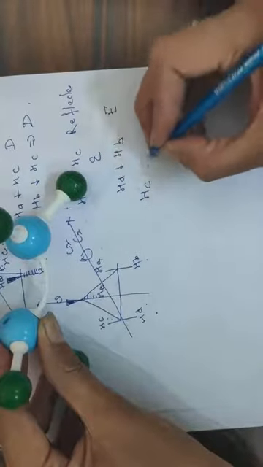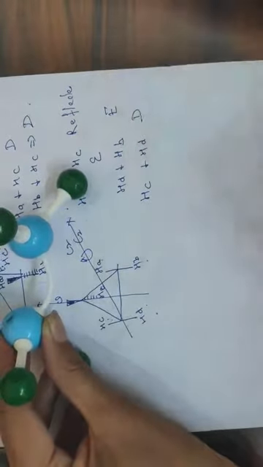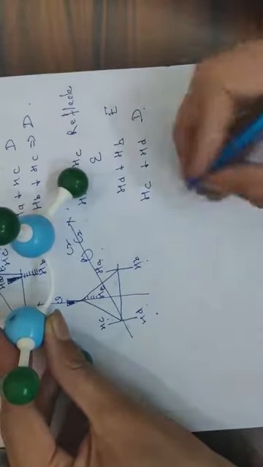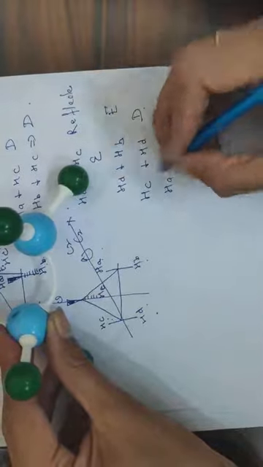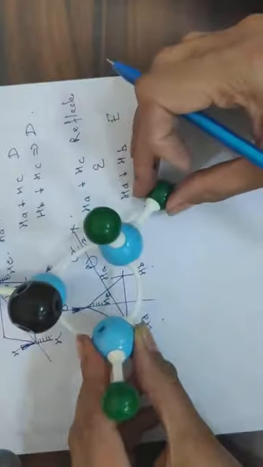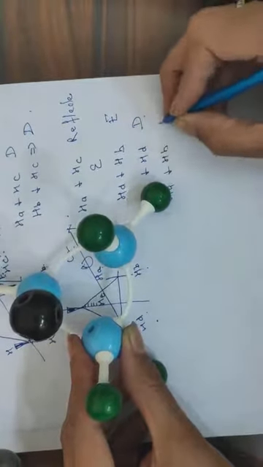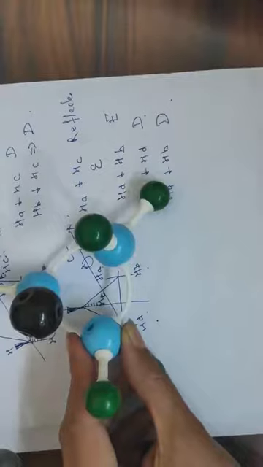It means Hc and Hd are diastereotopic protons. Similarly, Ha is cis with respect to this, and this is trans with respect to this. It means Ha and Hb are also diastereotopic protons.